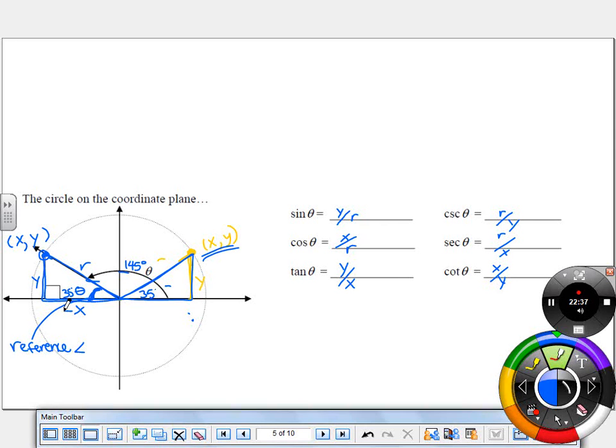So over here, whatever you got as the sine, the y over the radius, is actually going to be the same as the sine for 145 degrees because the y and the radius are going to be the same. But whatever you got as the cosine of 35 degrees, the cosine of 145 degrees is actually going to be negative compared to that, or the opposite of that. Okay? Yes?